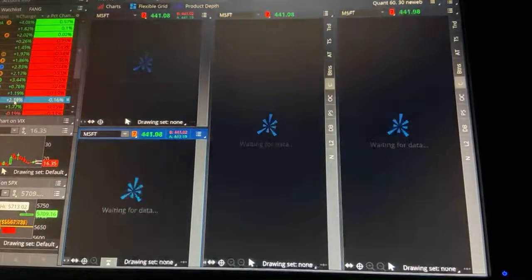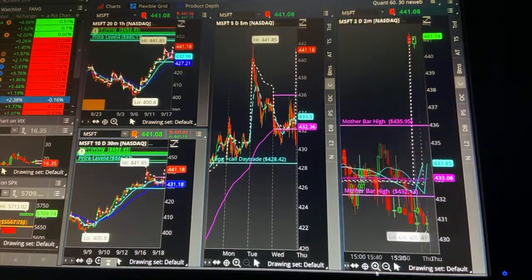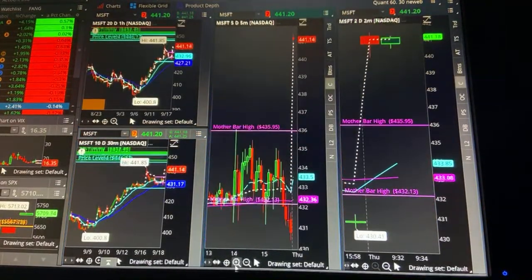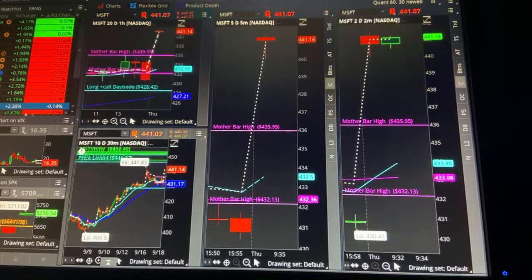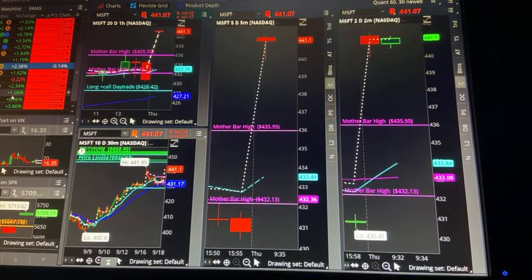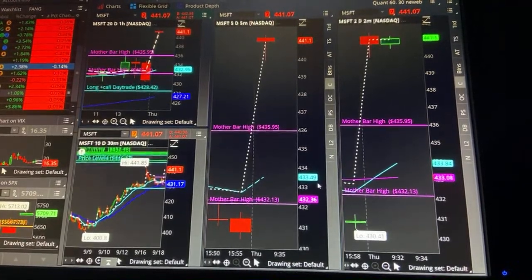NVIDIA's calling me a little bit here. Microsoft, I wanted to watch Microsoft be the outlier up today, even though we have supply up there at the left. So AMD had a better gap than NVIDIA, but AMD is not following through as well here.